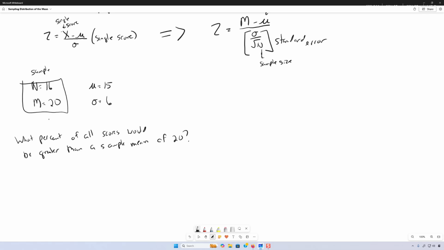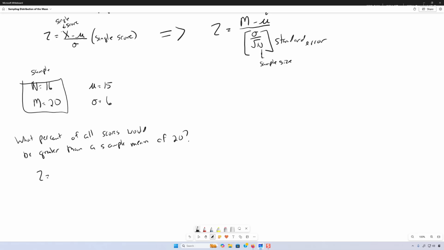So we got this sample mean of 20 with 16 people, and we have to find out what percent of all scores. This is very similar to the single sample z test that we did, right? So we did the single score z test before, but now we have a sample mean, so we're going to use this alternate z test. This is called a one sample z test, basically.